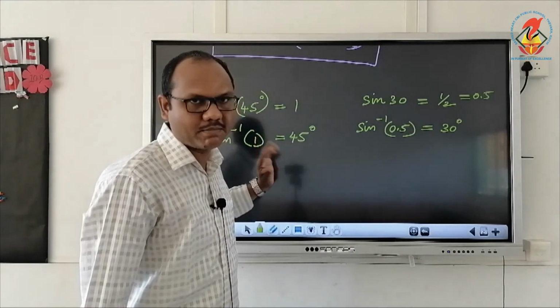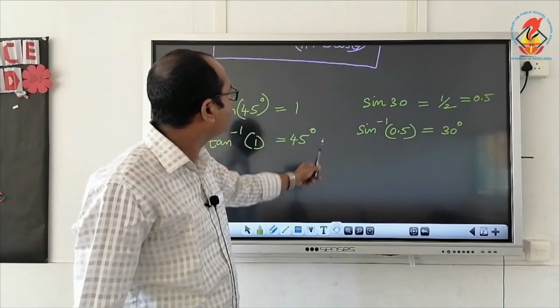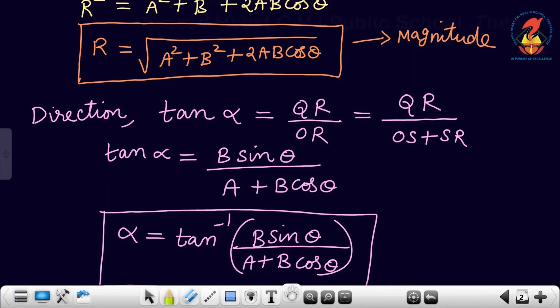Okay, it's just an example. So we got two equations. The first one is for the resultant, which is R is equal to root of A square plus B square plus 2AB cos theta, and second one is alpha, which is tan inverse of B sin theta by A plus B cos theta.